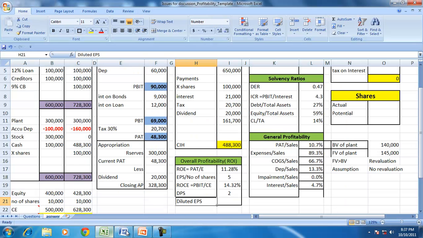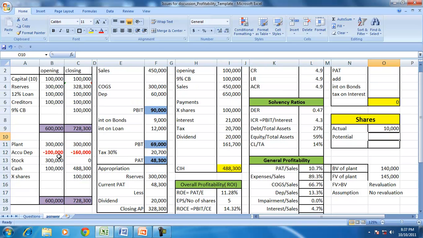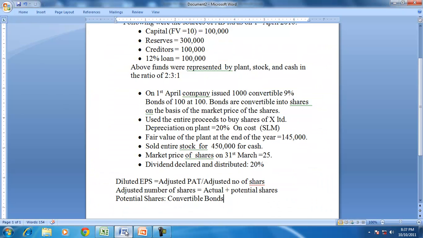So the adjusted number of shares will be actual shares which we calculated, and the potential shares, because the bonds are 100,000, the market price of the share is given as 25. So for every one bond we can issue 4 shares.